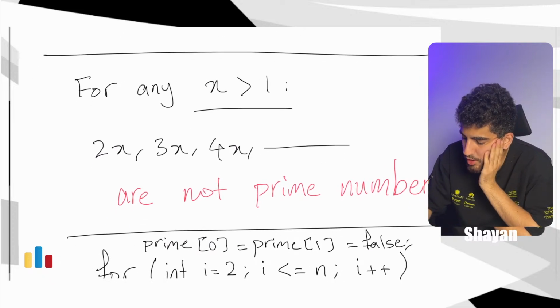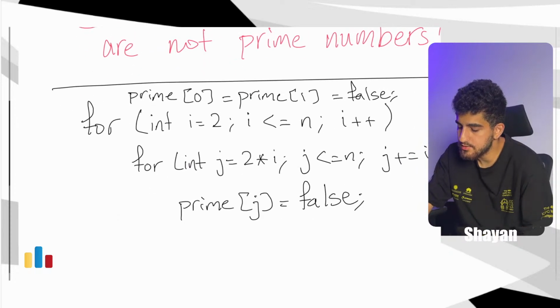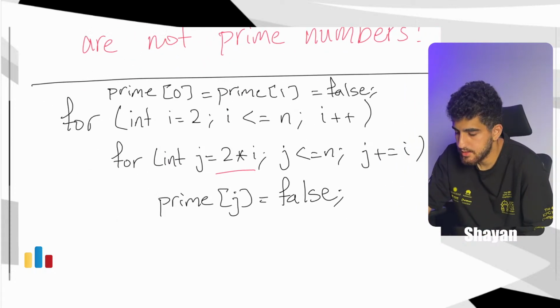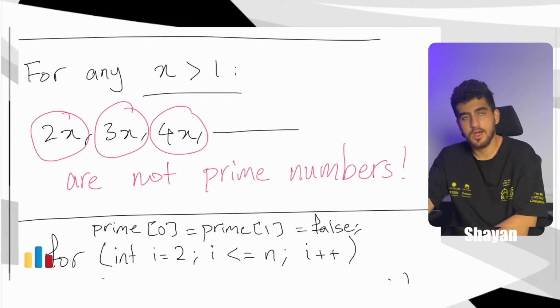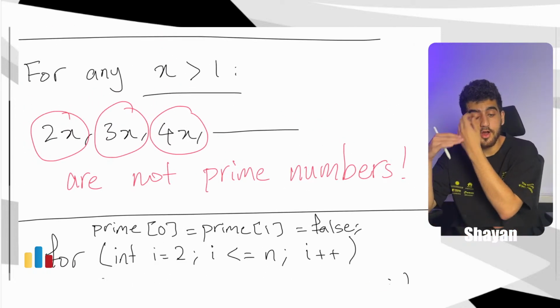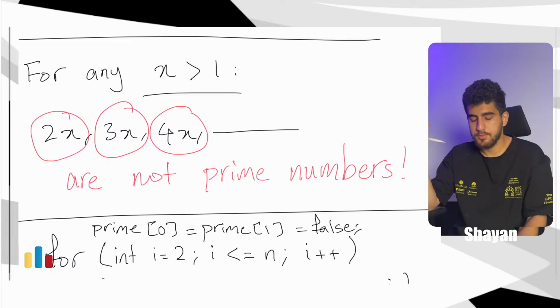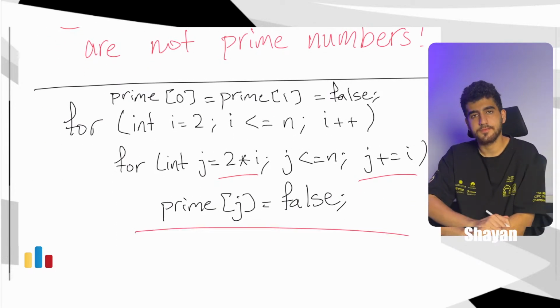I'm going over all these multiples, 2x, 3x, 4x. I start from 2 times i, and I go as long as j is less than or equal to n. Each time I add i to it, it's like I'm adding another x to it. So I'm going over all these multiples of i, and I say that prime of j is equal to false.